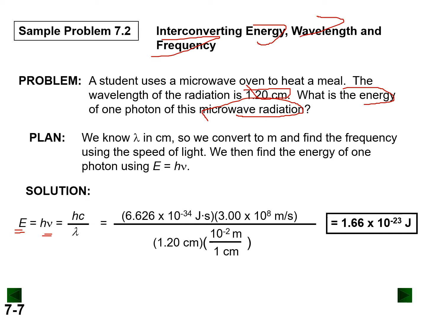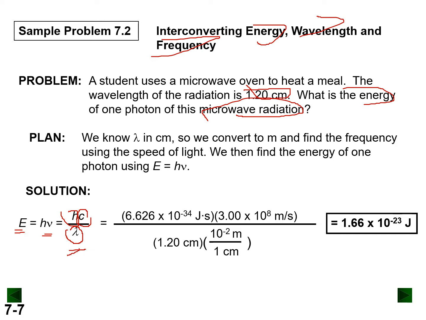We know that E equals hv and v equals c over lambda. We are given lambda here. We know the Planck constant, and we also know c, the speed of light. So we substitute the values into these equations.